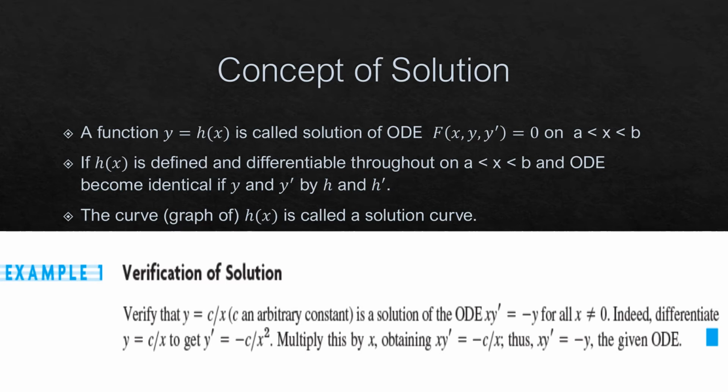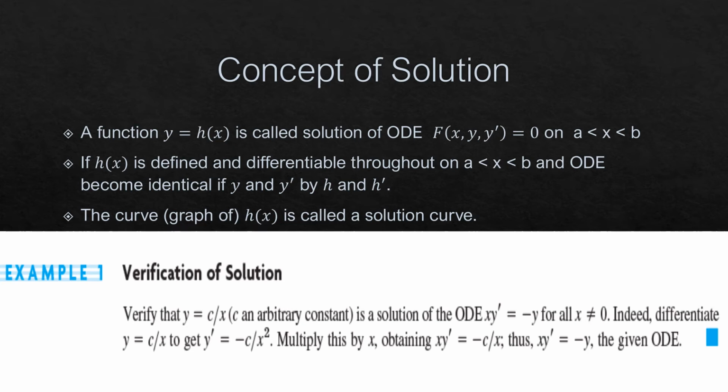When we put y equal to c by x in this differential equation and take the derivative and put it there, we get the same result. This means that it satisfies the differential equation, since we get x y dot equal to minus y.